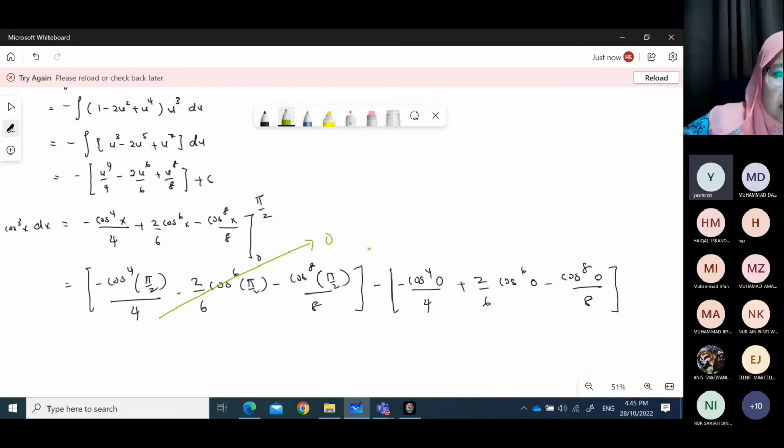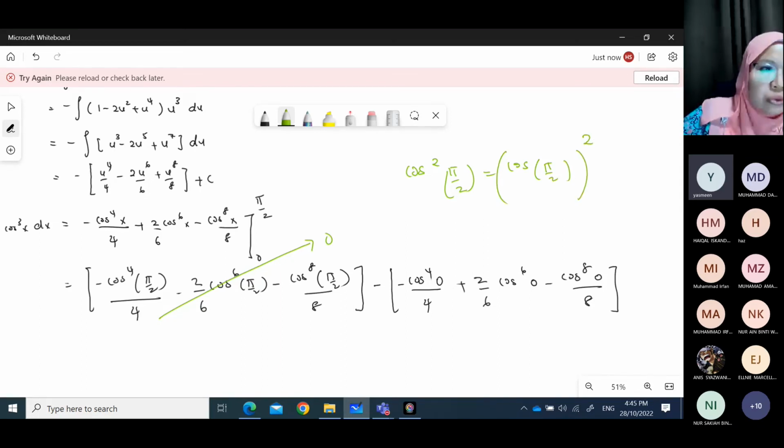Okay, tu cara dia. Sebab ni cosine kuasa 2 bagi pi over 2 it is equivalent with cosine pi over 2 the whole thing to the power of 2. Sebab dalam kalkulator you tu tak ada cosine kuasa 2, cosine kuasa 4 tak ada kan. Dia ada cosine saja.